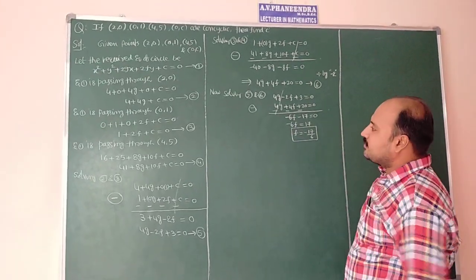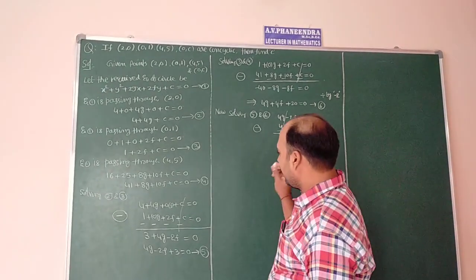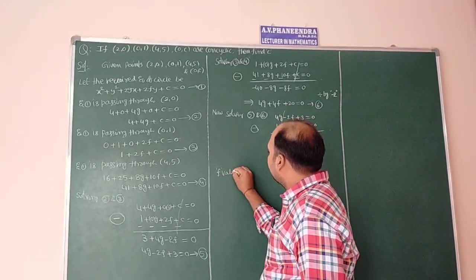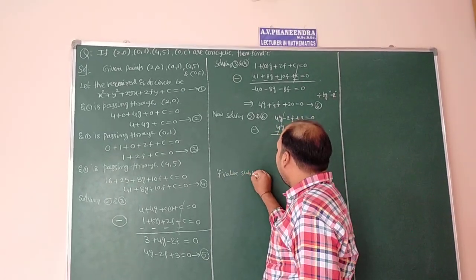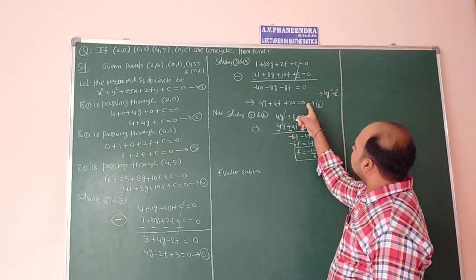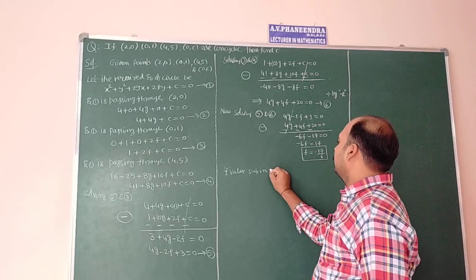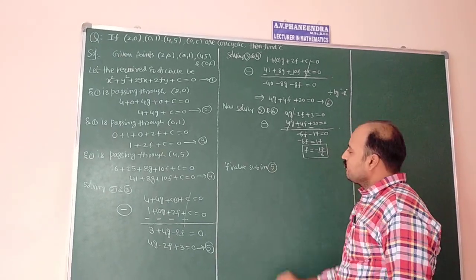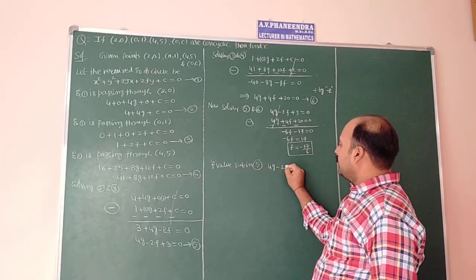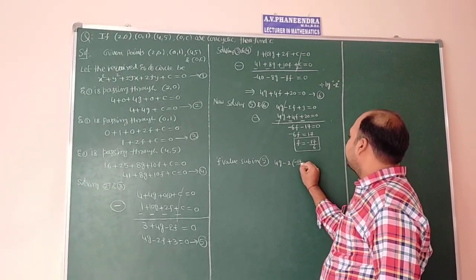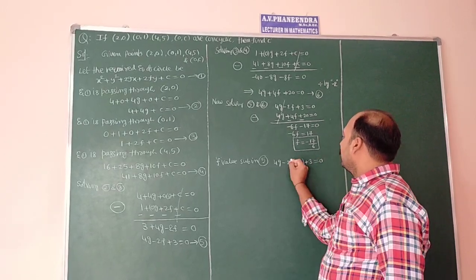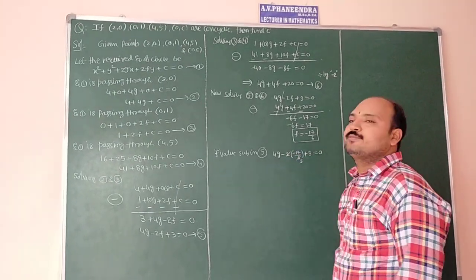F value substitute in either the 6th or 5th equation. The 5th equation is better. 4z minus 2 into minus 17 by 6 plus 3 equal to 0. 2 ones are 2, 3 threes are 3.